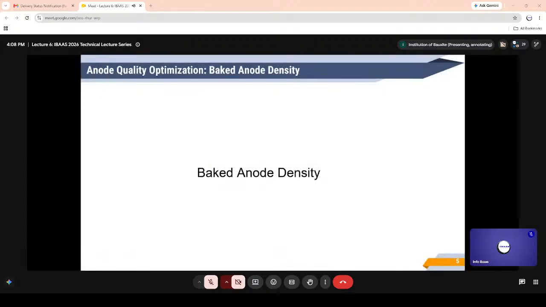Carbon anodes are consumed continuously during aluminium production. Baked anode density strongly influences anode life in the cells and affects properties such as mechanical strength, permeability, and electrical resistivity. Therefore, anode density must be optimized without adversely affecting other key anode properties.